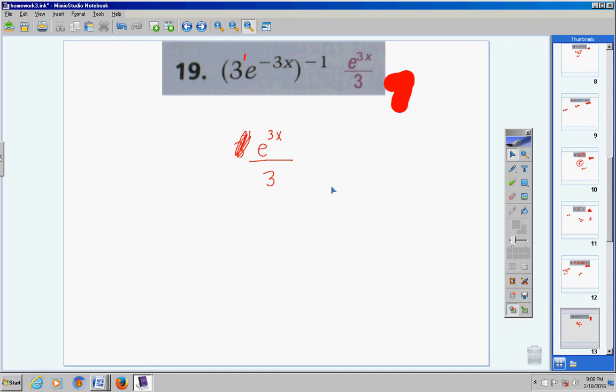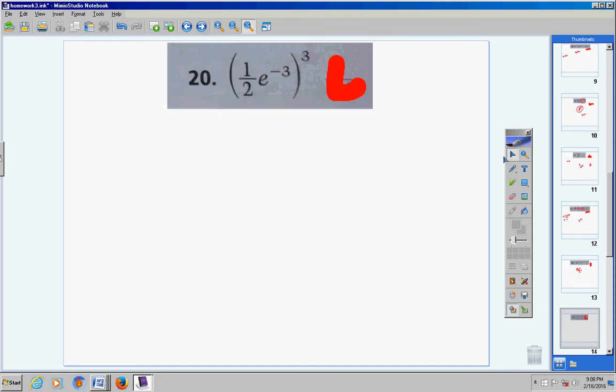Okay. Number 20. Same thing, guys. I have one term being raised to this power. So the exponent of the e is negative 3. The exponent of the 1/2 is 1. The entire fraction has an exponent of 1. So 3 times 1 is 3. So I have 1/2 to the 3rd power. 3 times negative 3 is negative 9.